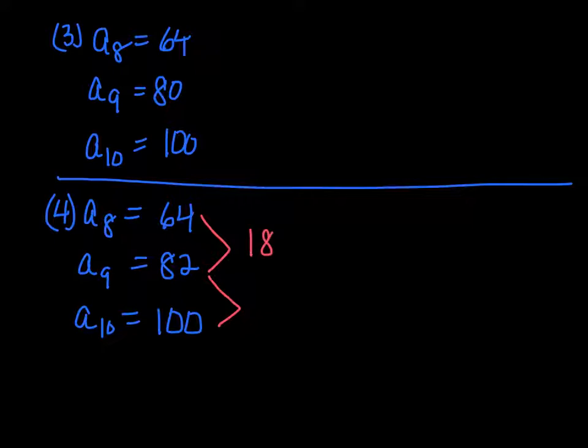And if I do 100 minus 82, I also get 18. So to get from a sub 8 to a sub 9, I'm adding 18, and to get from a sub 9 to a sub 10, I'm adding 18. That tells me this series is arithmetic.